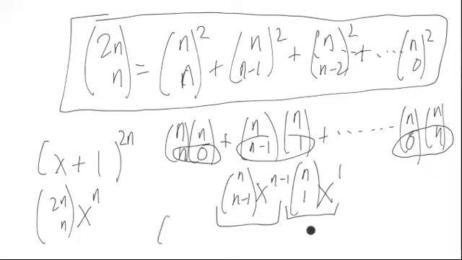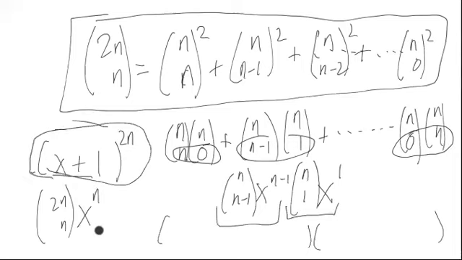So we have two things that we're multiplying together to make this polynomial, and we are equating coefficients of x to the n, since this happens to be the coefficient of x to the n over here.